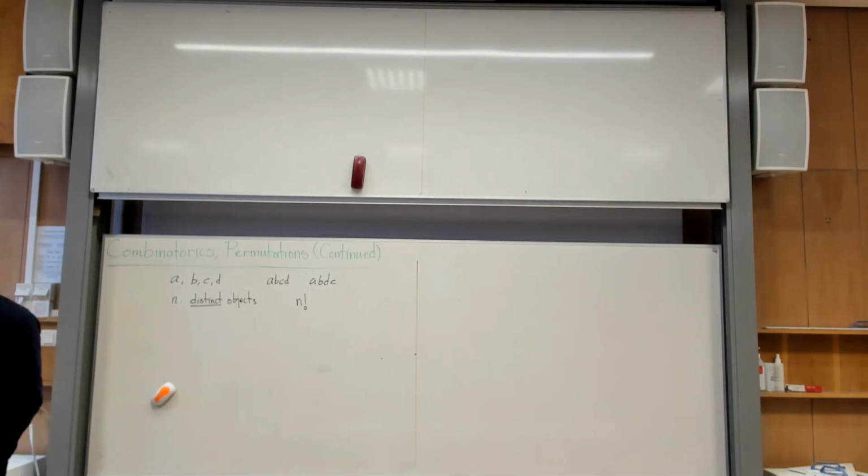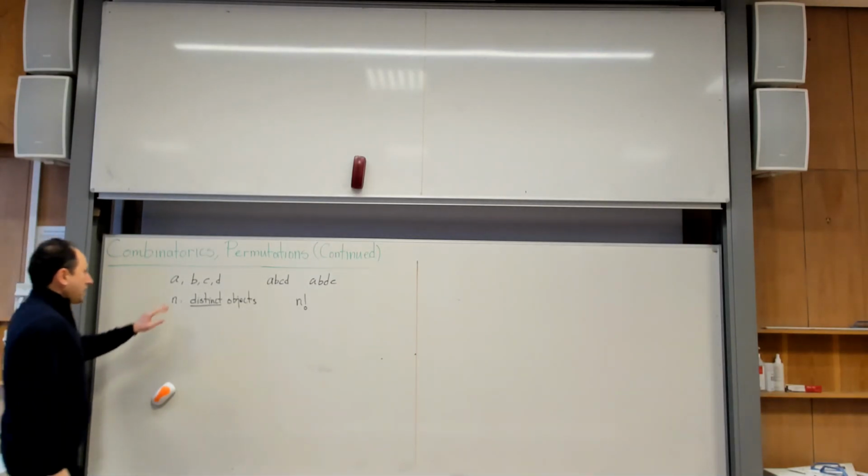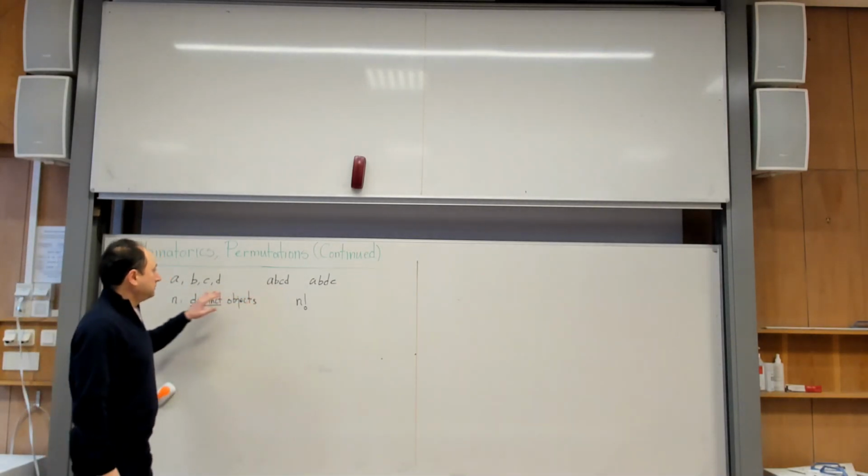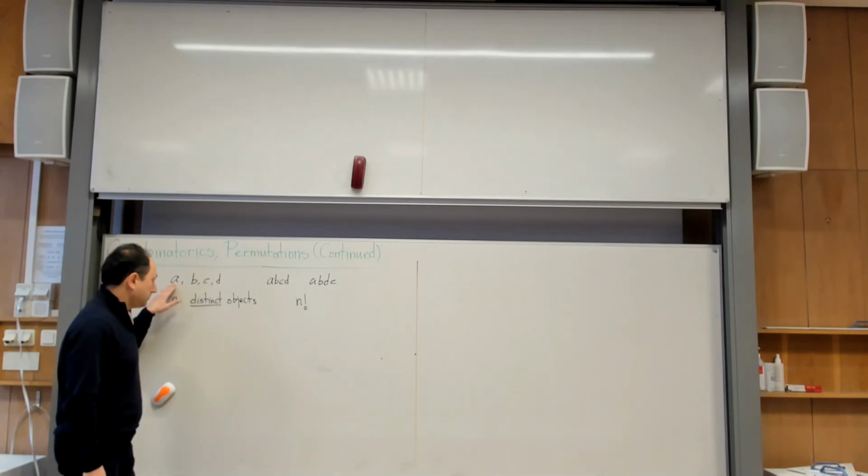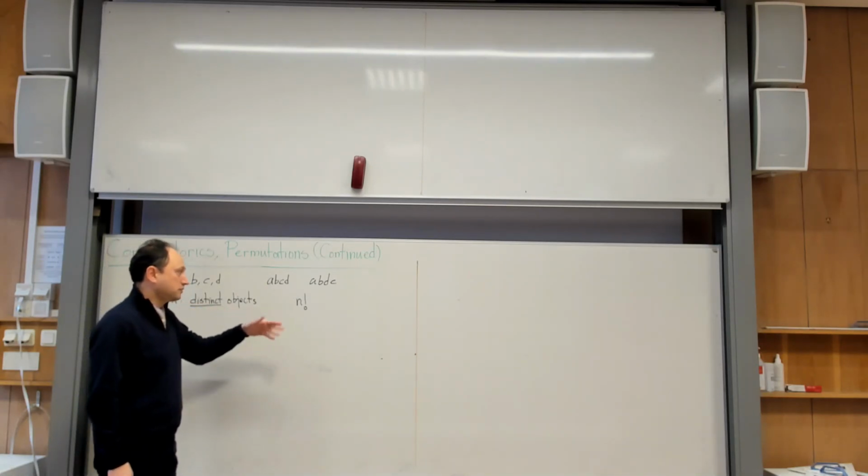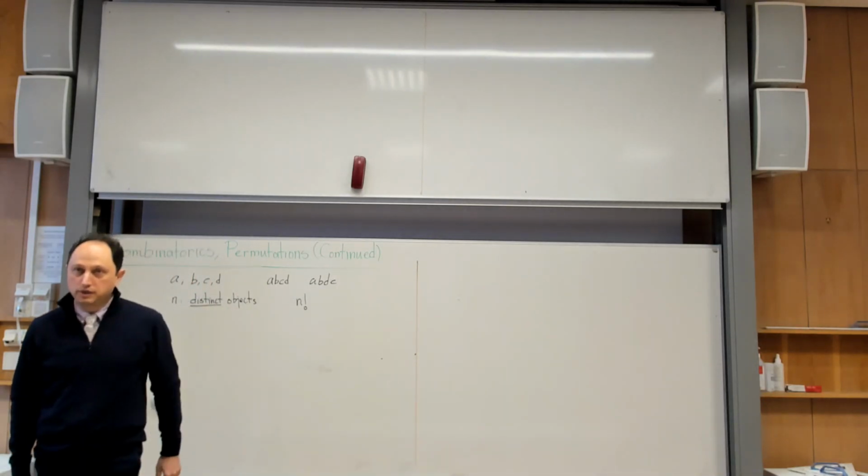So this we learned. For example, how many permutations of these four letters do we have? The answer is 4 factorial, and 1 times 2 times 3 times 4 becomes 24. So there will be 24 of them.